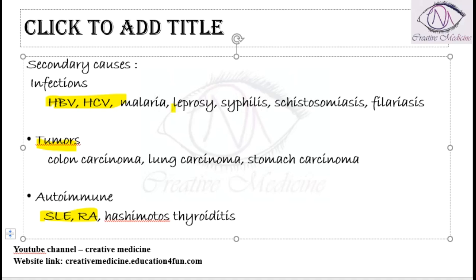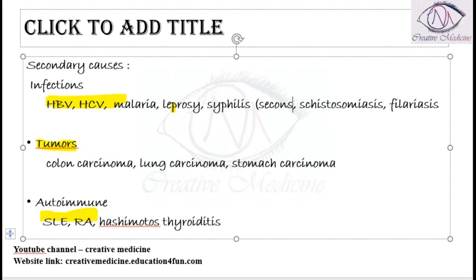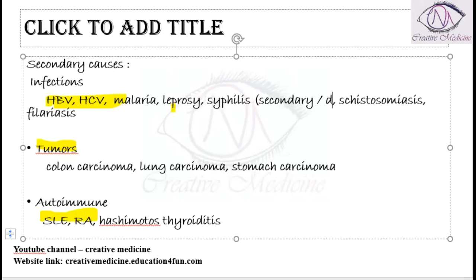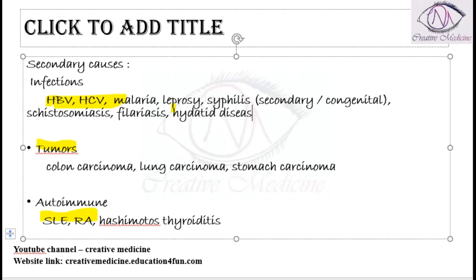This syphilis can be either secondary syphilis or congenital syphilis. Then we have schistosomiasis, filariasis, hydatid disease, or enterococcal endocarditis. All these are associated with secondary causes of membranous glomerulonephritis.